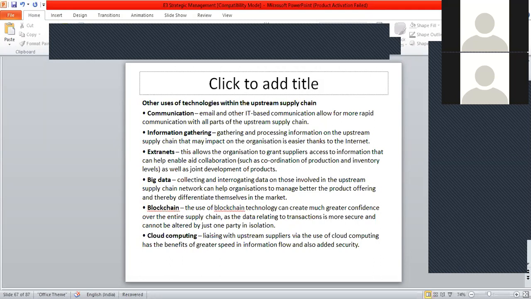Then we have something called extranets. Are you aware of what intranets and extranets are? Are you aware of what is intranet? What is intranet?